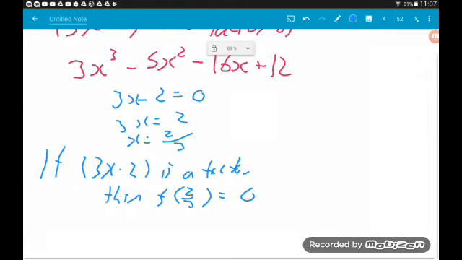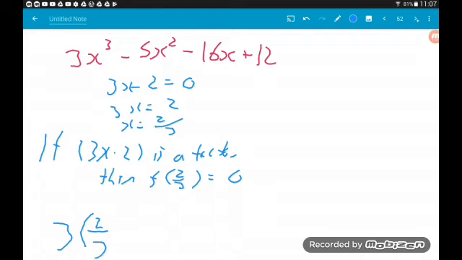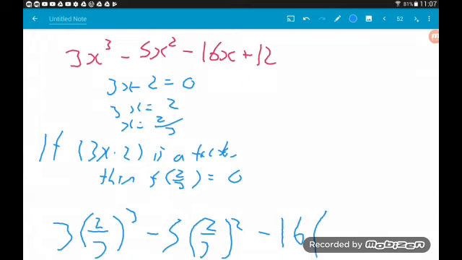Okay. So, we're going to have 3 lots of 2/3 cubed, minus 5 lots of 2/3 squared, minus 16 lots of 2/3, and then plus 12 at the end.